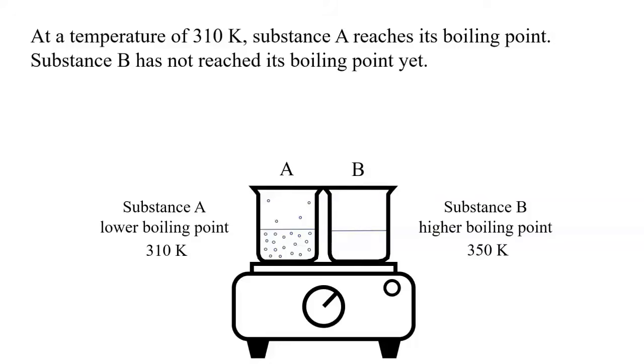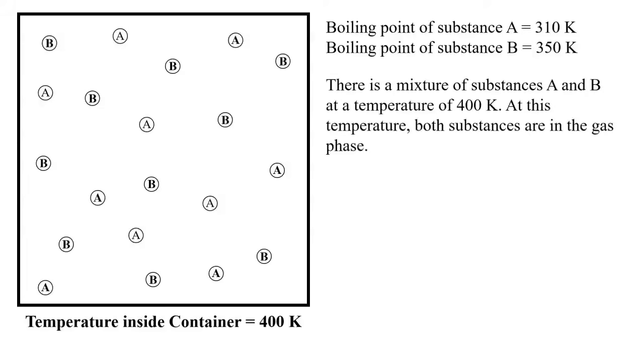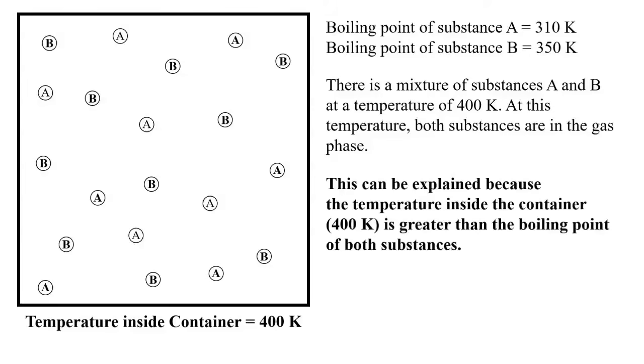Now, let's continue thinking about these two substances in the following situation. We have a container with both A and B, and the temperature inside the container is 400 Kelvin. The boiling point of substance A is 310 Kelvin, and the boiling point of substance B is 350 Kelvin. So with this mixture at 400 Kelvin, both substances are in the gas phase.